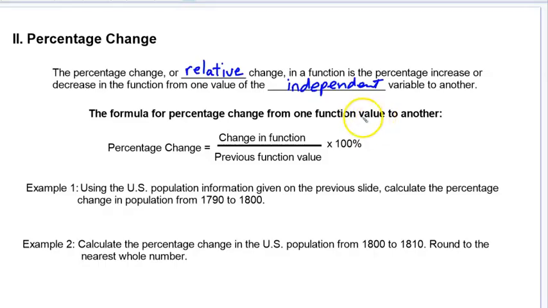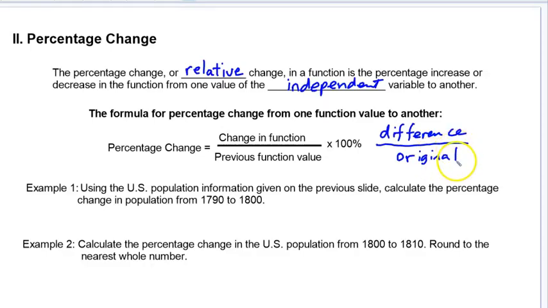I like to use this phrase. You may not recognize it, but you did stuff like this probably in Algebra 1, maybe even in middle school. We're going to take the difference, and I'll illustrate this with our example coming up. I'm going to use it like this: the difference divided by the original.